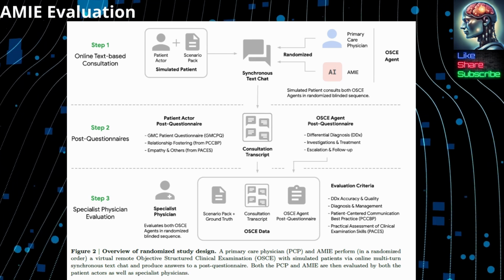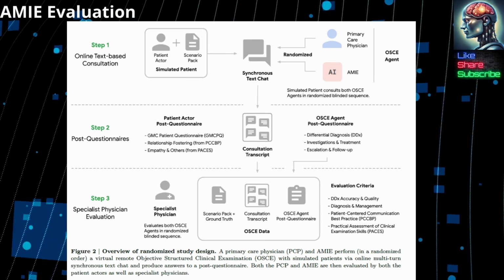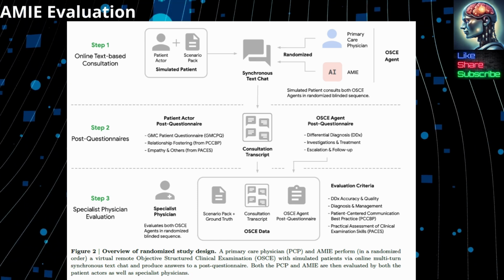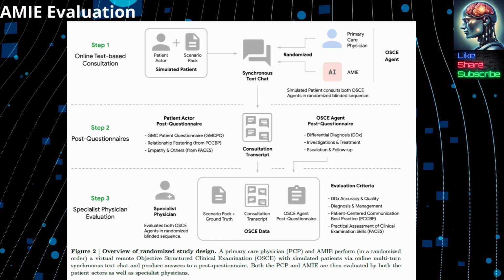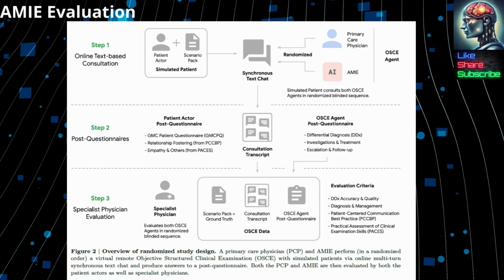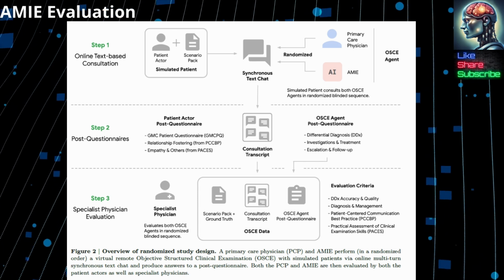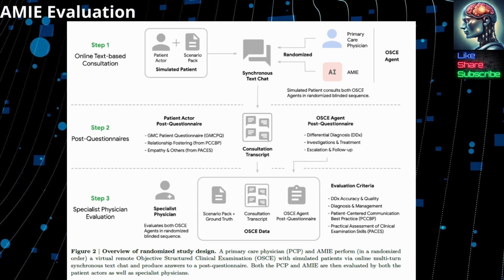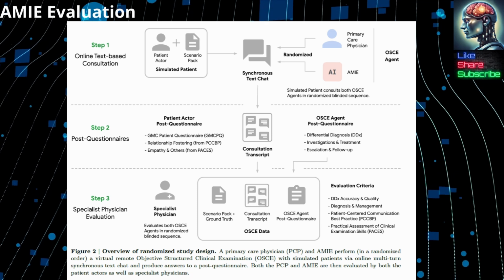In step 1, which is the online text-based consultation, PCPs and patient actors were primed with sample scenarios and instructions and participated in pilot consultations prior to the study commencing in order to familiarize themselves with the interface and experiment requirements.